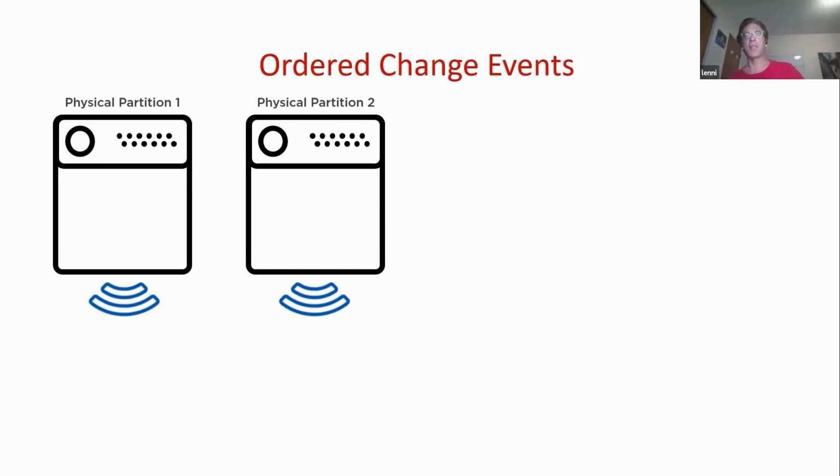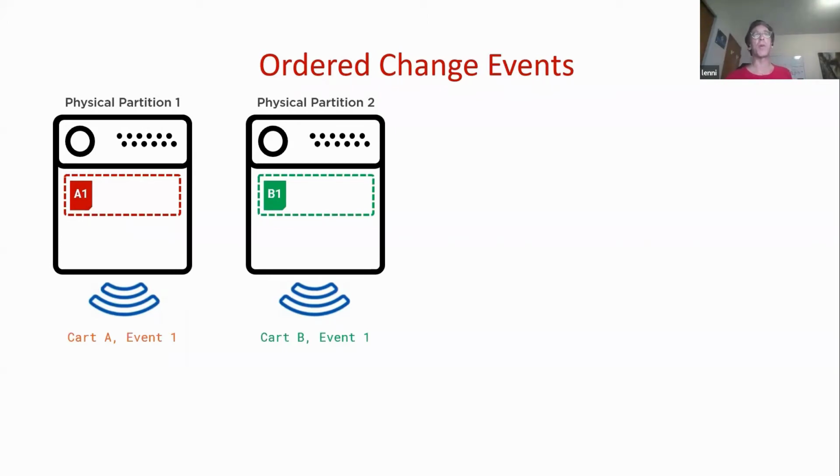But if you just get down to the low level, what happens here is that if the user starts a cart and that lands on one physical partition, and another user starts another cart and lands on another physical partition, at the point in time that the item is inserted into the physical partition, it is also stored and emitted through the change feed of that physical partition.